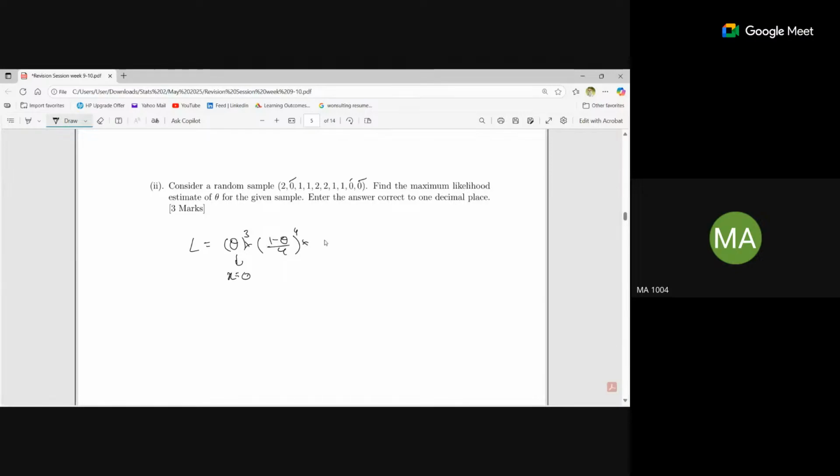Then similarly for x equals 2, 3 into 1 minus theta by 4. And how many times is 2 repeating? It is repeating 3 times. Okay, so this is my likelihood function. Now, the second step is we would be taking the log. So log of L would be 3 log of theta plus 4 into log of 1 minus theta minus log of 4.